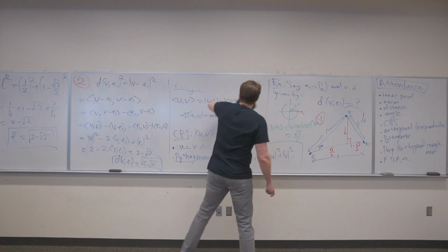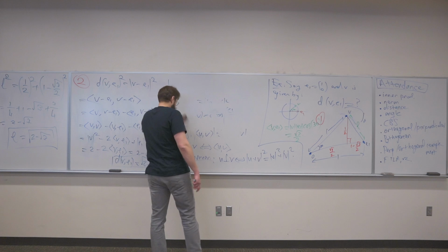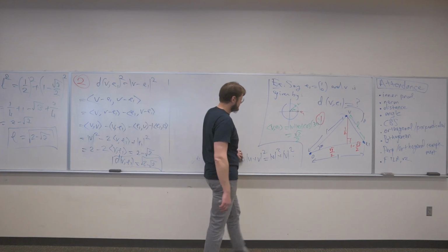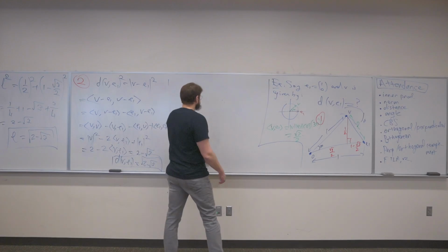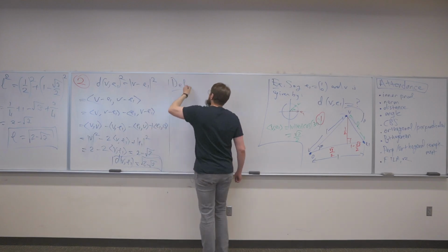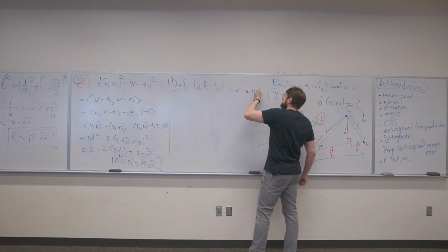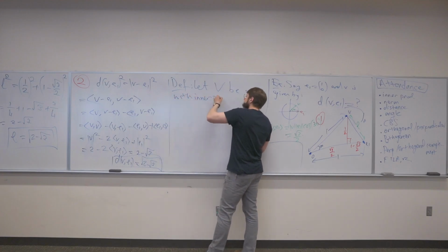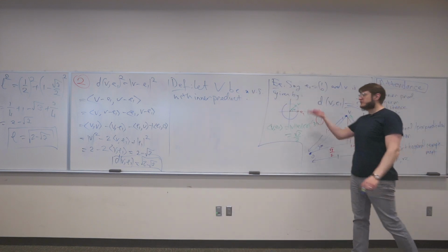If I have a set of vectors in a vector space with inner product, I'm going to define something called S-perp. Say the set is S. Let V be a vector space with inner product. You have an inner product defined as well, so the dot product is defined.